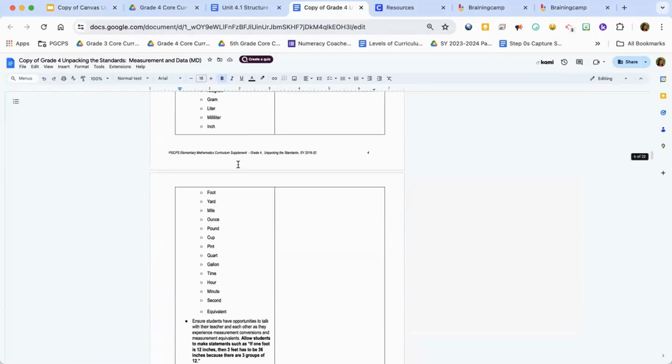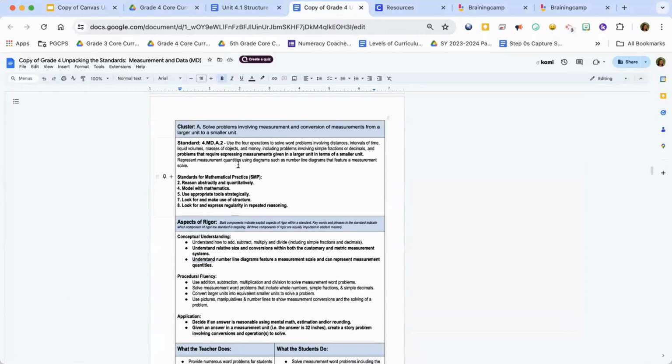But we are looking at 4MDA2, where we're using the four operations to solve word problems involving distances, intervals of time, liquid volume, masses of objects, and money, including problems involving simple fractions or decimals, and problems that require expressing measurements given in a larger unit in terms of a smaller unit.